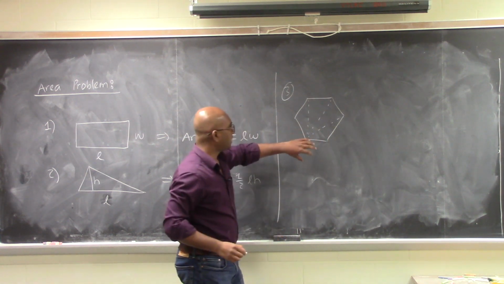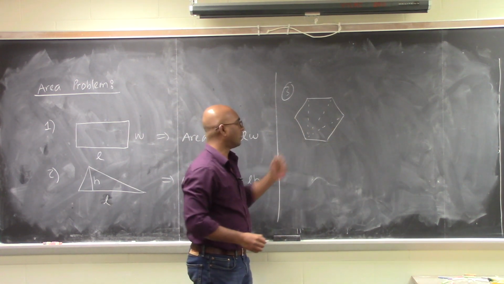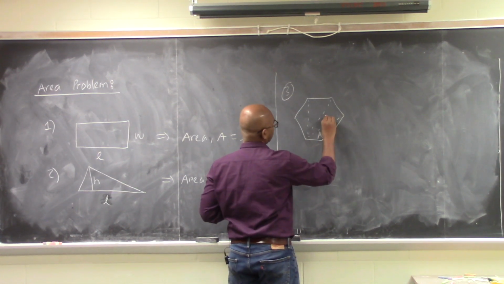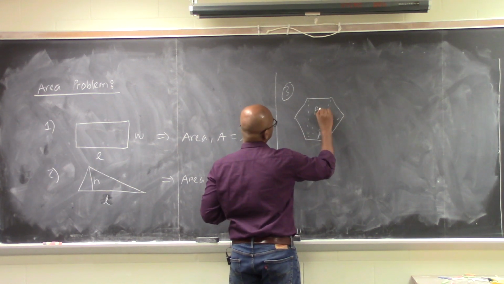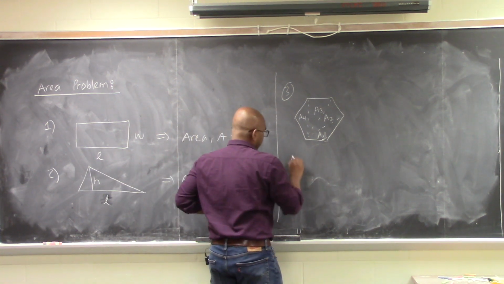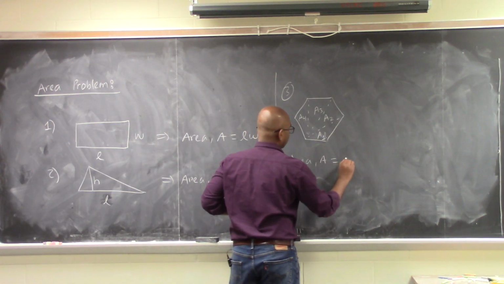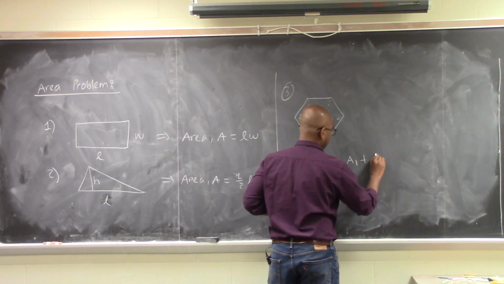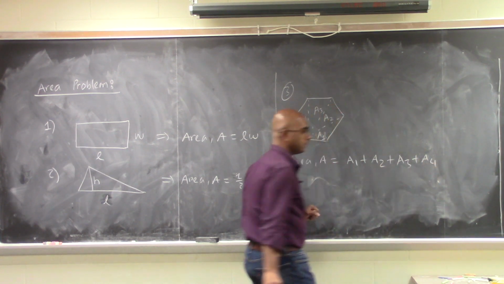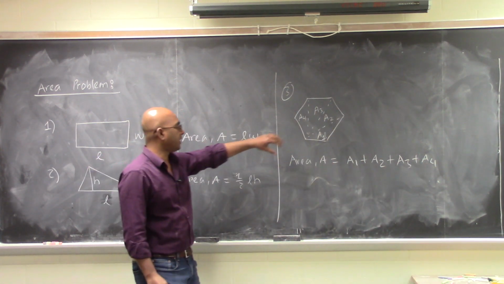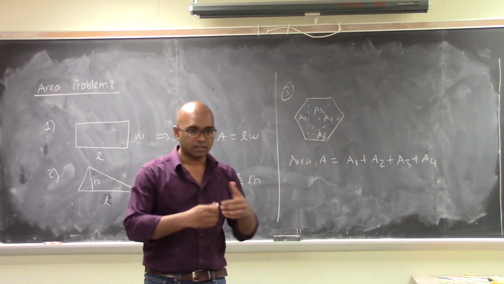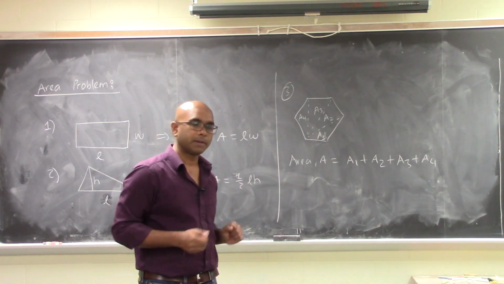Okay, then it splits this polygon into a few triangles. So let's say A1 is the area of the first triangle, A2 is the area of the second one, A3 is the area of the third one, A4 is the area of the fourth one, right? And then the area of this is just the summation of the areas of those four triangles. Okay. So it doesn't matter how many sides we have, we can always find the area of a polygon. We can just split this into triangles.